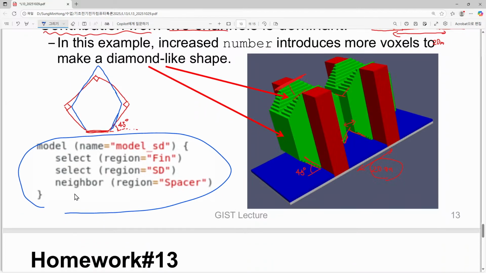And the final comment is, the model previously had some body argument like select. So these materials are selected. And here I introduce another one named neighbor. And this neighbor means that from a spacer, silicon germanium or silicon cannot grow.